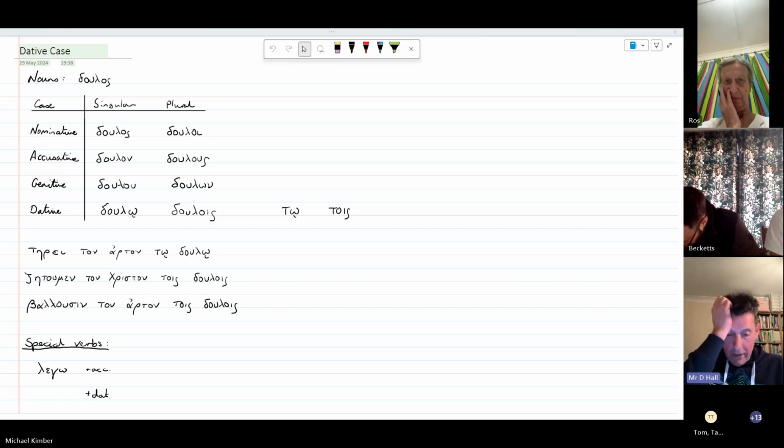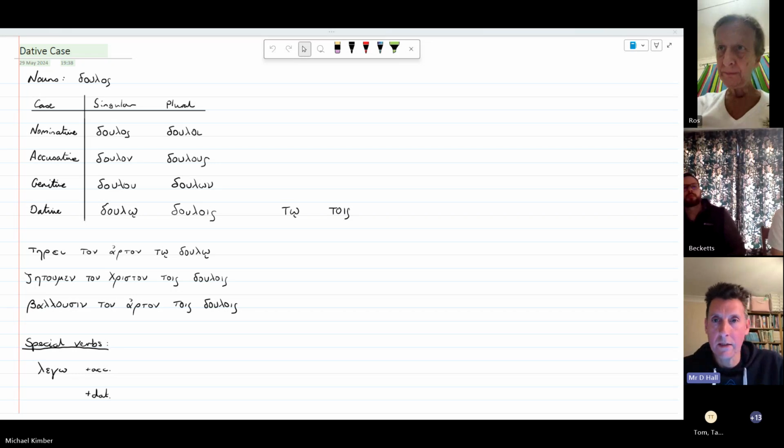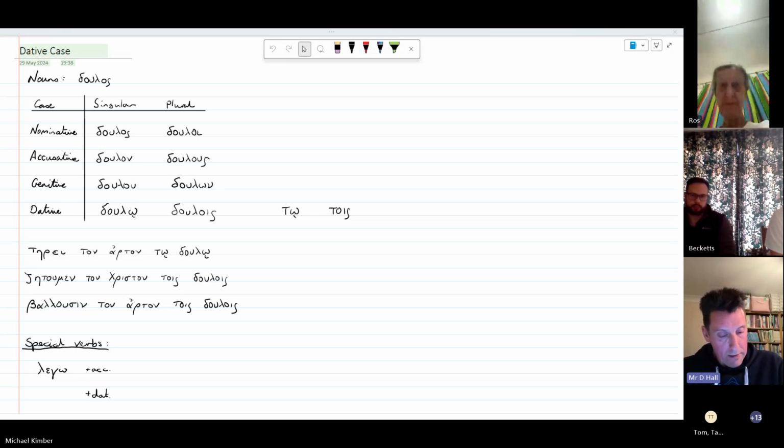Which means that we can hopefully translate. Depending on the context, we're going to say "to something" or "for something", and it will make sense which we would prefer to use in terms of a good English translation. So have a look at the sentence I've just put under there: terei ton arton tois douloi.